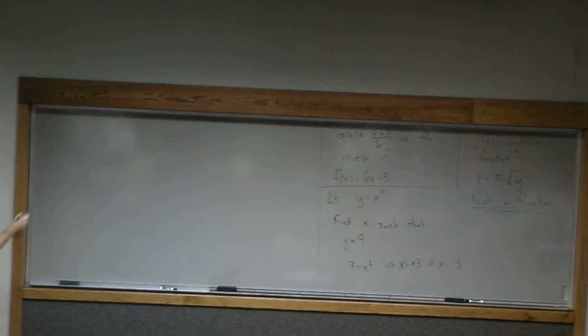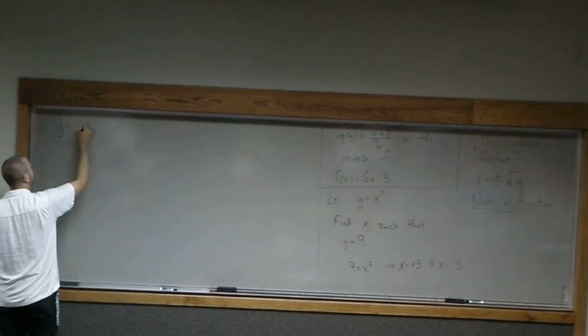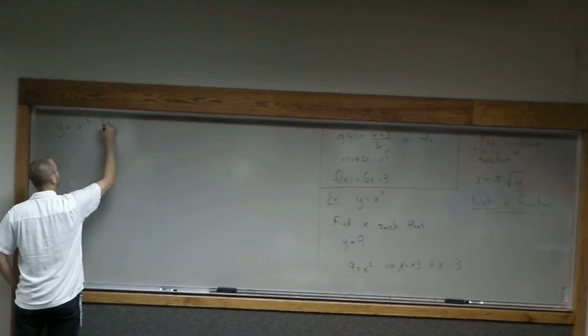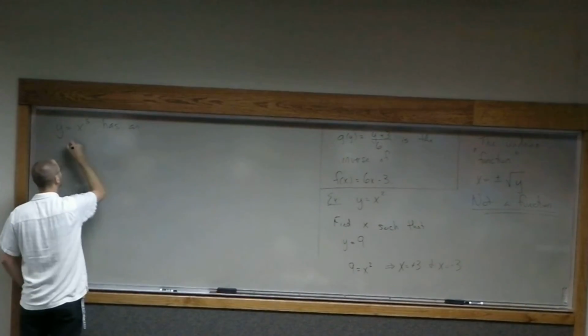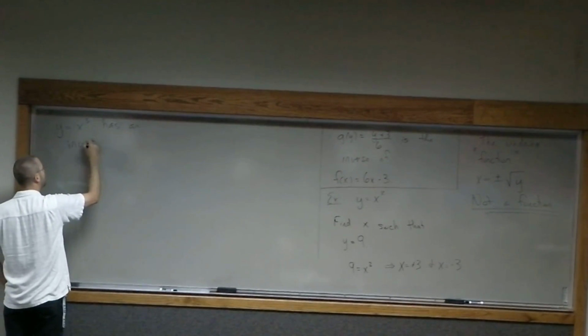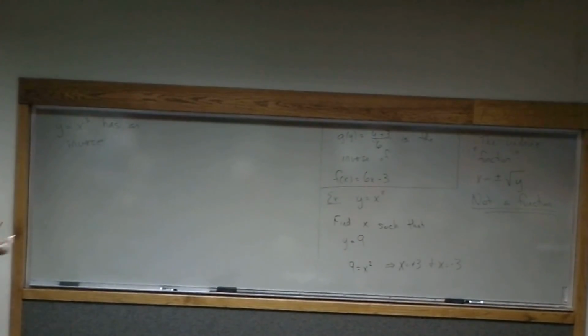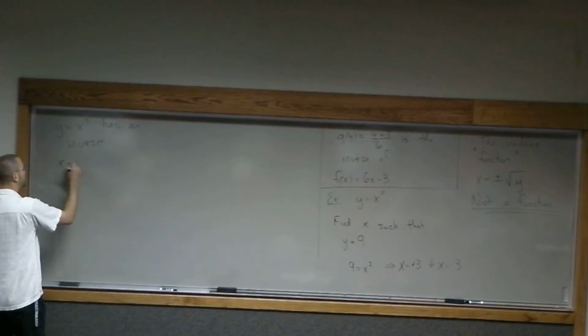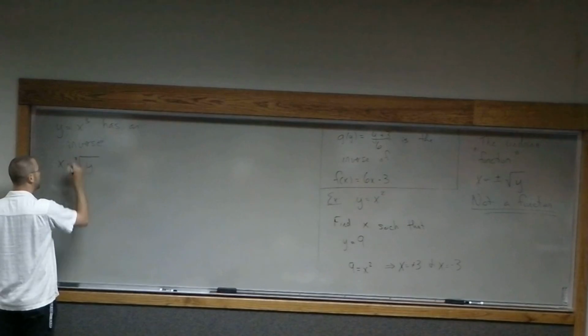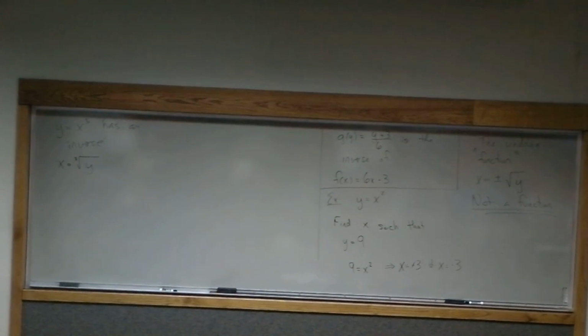Y equals x cubed, for example, has an inverse. What would that inverse be? In this case, x equals the cube root of y is that inverse.